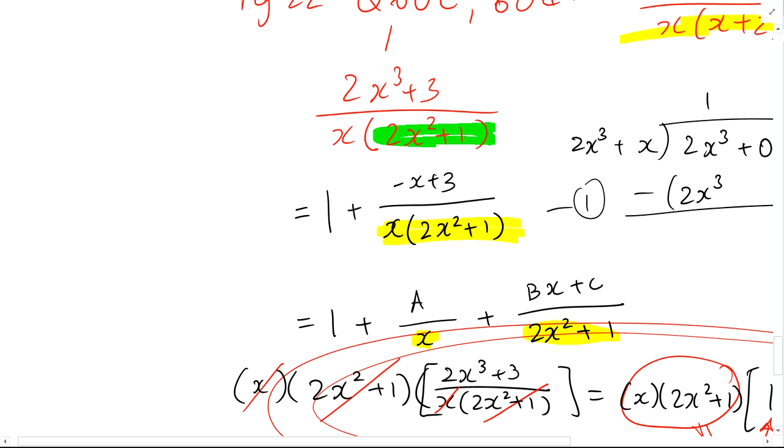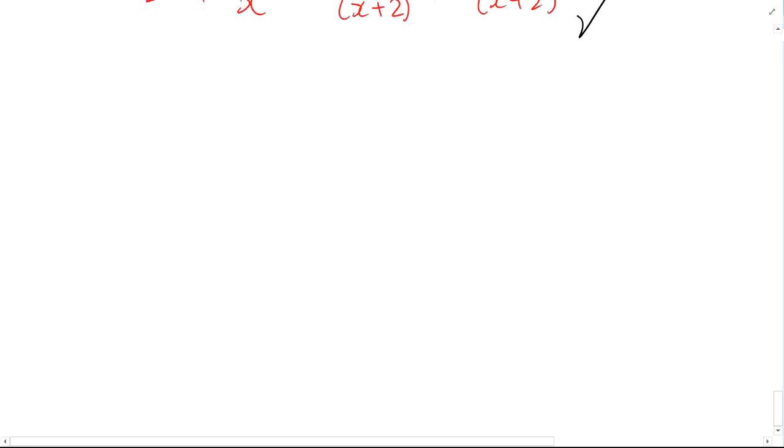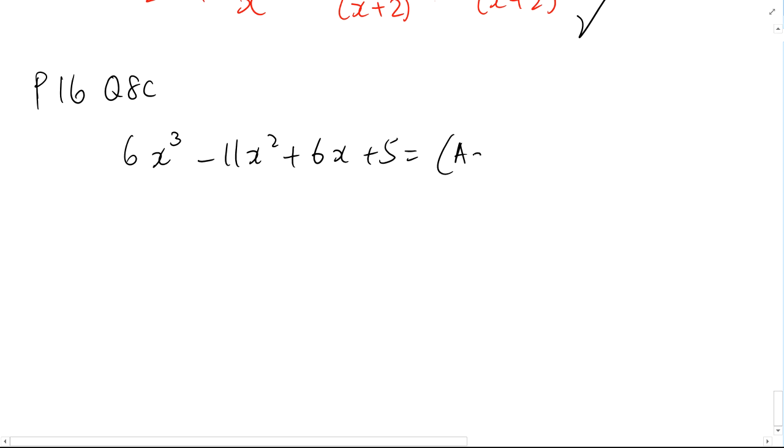Any other questions? We've got 2 minutes left. Mr. Wong, page 15, question 8C. 6x cubed minus 11x squared plus 6x plus 5, over (ax minus 1), bx minus 1, (x minus 1) plus c.